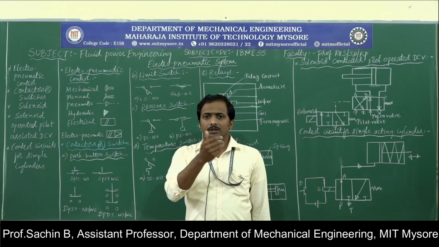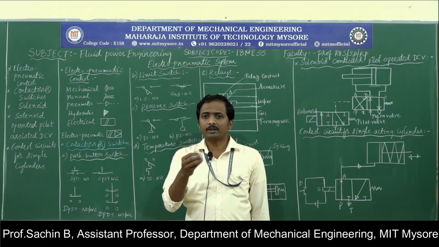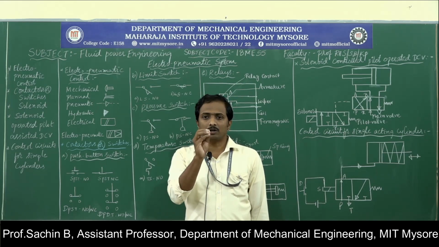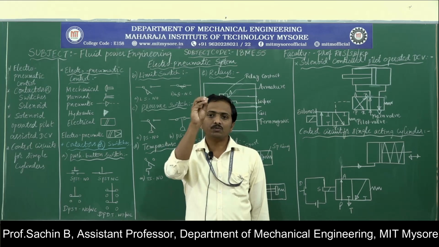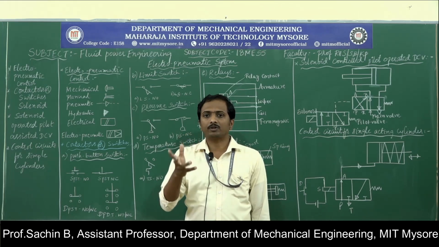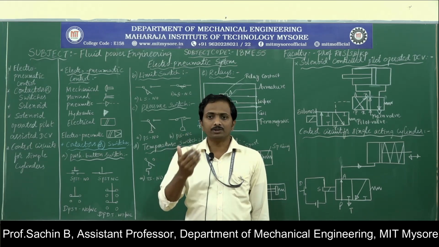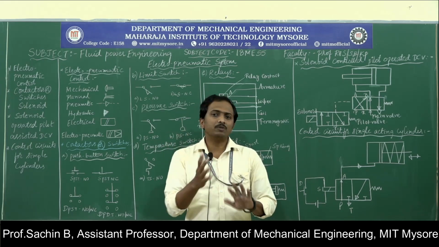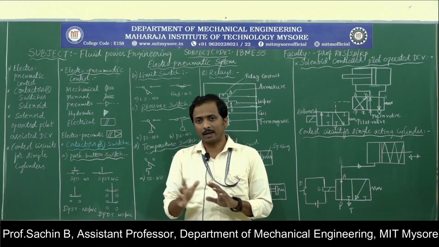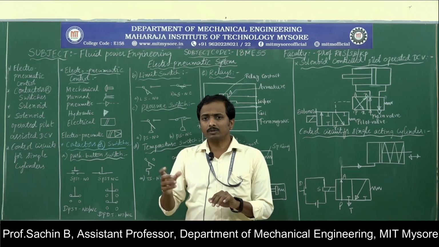By moving that, the compressed air present in it will be supplied into the direction control valve. That will be transferred to any type of cylinder or any type of rotary actuator or linear actuator, which means some transmission or some rotation will happen. That will be the control.